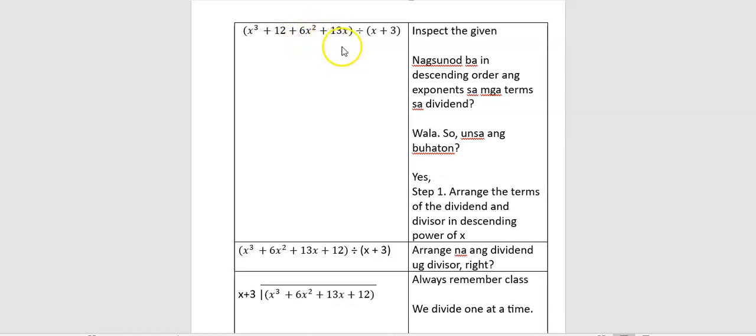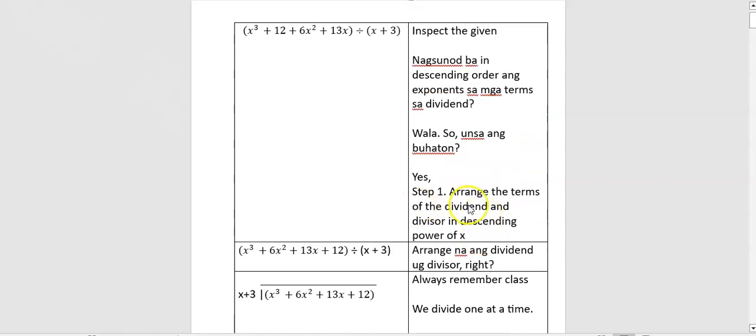And for the fourth term, we have positive 13x. So, first term, exponent 3. Second term, 0. Third term, exponent 2. Fourth term, exponent 1. Yes, the exponents of the terms are not in descending order. So what should we do? Correct.